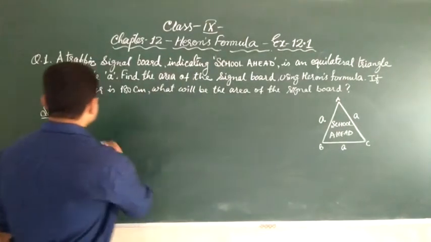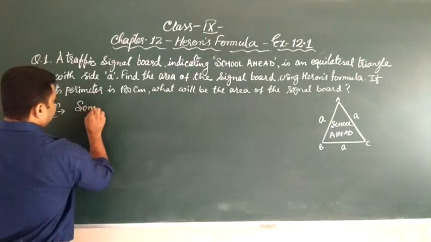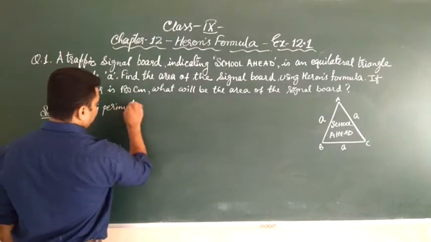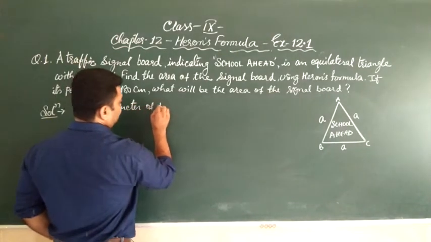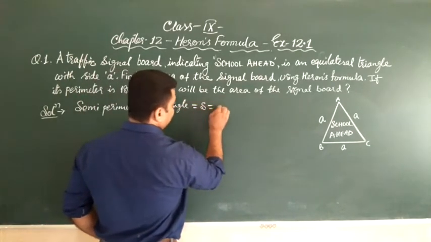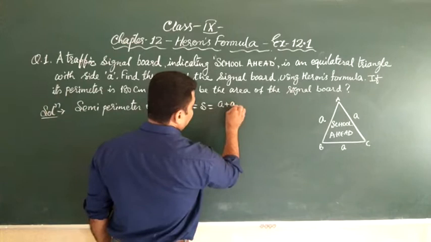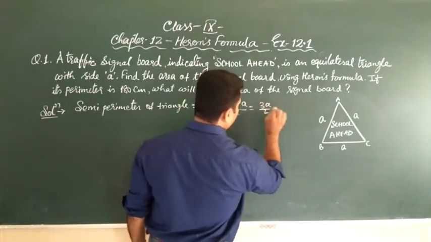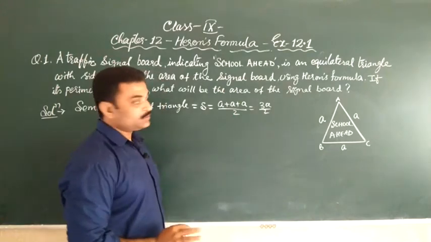So the semi perimeter of the triangle is S equal to A plus A plus A upon 2, that is 3A upon 2. Clear?